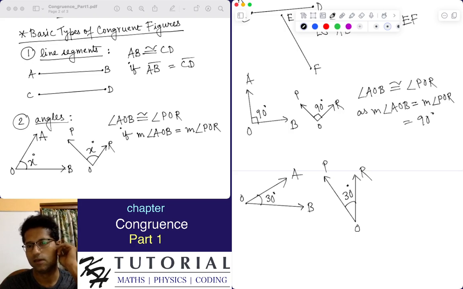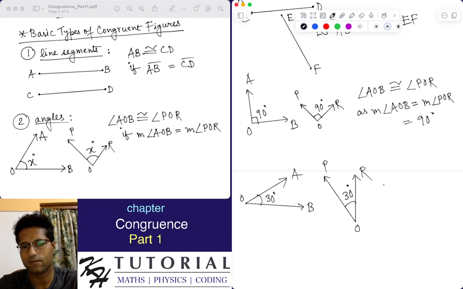You can see the angle AOB is made by the rays OA and OB, and the measure of the angle is 30 degrees. But in the second angle POR, the rays OP and OR are quite different. Their position and orientation is quite different from the rays OA and OB. But the angle made by the rays OP and OR, that is POR, has the same measure, that is 30 degrees.